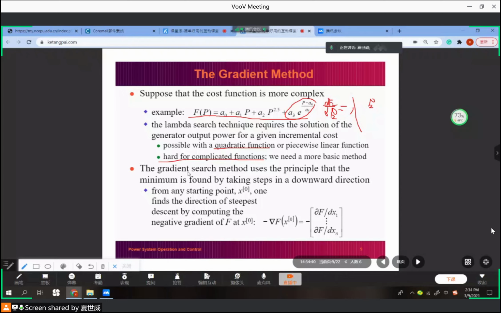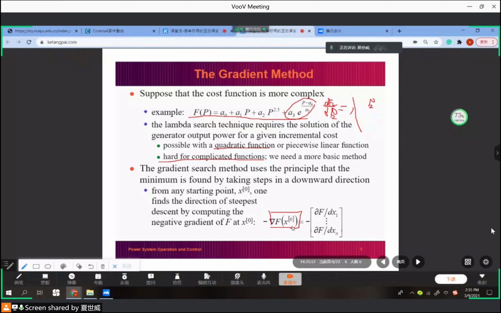So here we develop the gradient search method. The gradient search method uses the principle that the minimum is found by taking steps in a downward direction. From any starting point x0, one finds the direction of steepest descent by computing the negative gradient of f at x0. That means you have to calculate the first order derivative of f.